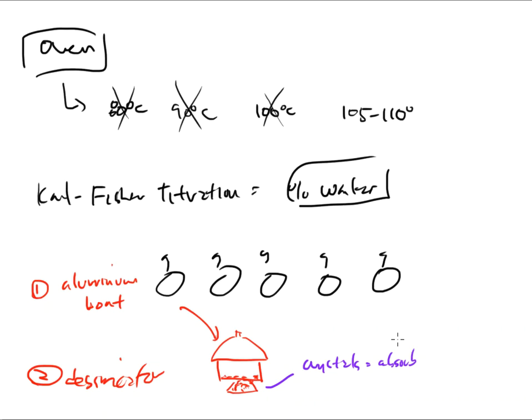So that way your sample doesn't reabsorb any moisture that you have driven off. You let them cool. When you let them cool down fully, then you can safely remove the weigh boats, put them back onto the balance, and get your final weight.